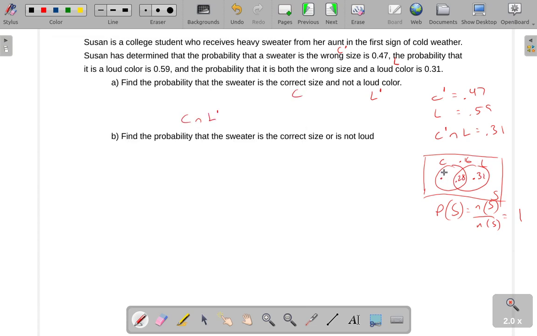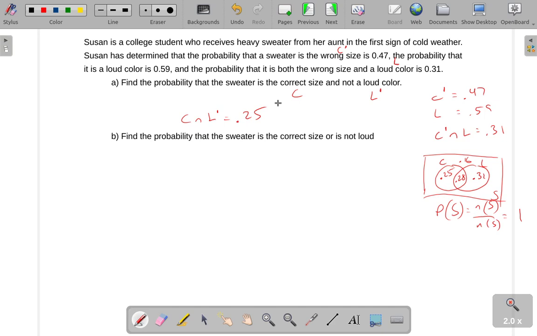That means the remaining area must be the remaining 25%. I'm just filling in a Venn diagram so I can get a better grasp on this. Now, we're asked to find C intersect L complement. C is the stuff inside C, L complement is the stuff outside L. So C intersect L complement is exactly the 0.25 we just found.